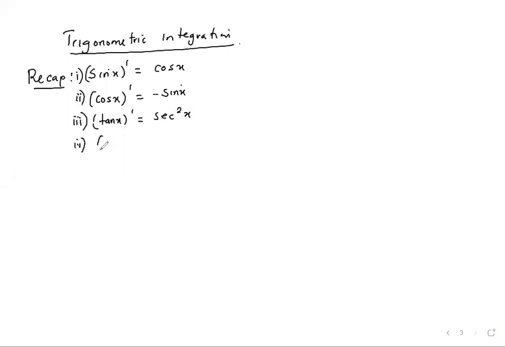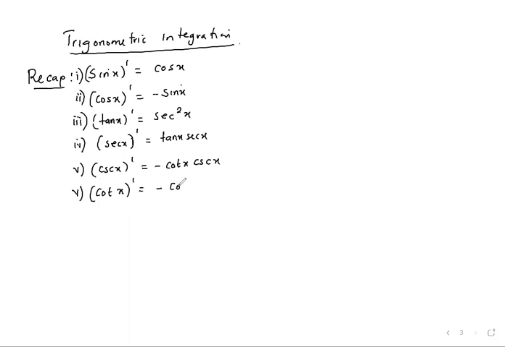And then 4, the derivative of sec x is sec x tan x. 5, the derivative of cosec x is minus cosec x cot x. And 6, the derivative of cot x is actually minus cosec squared x.